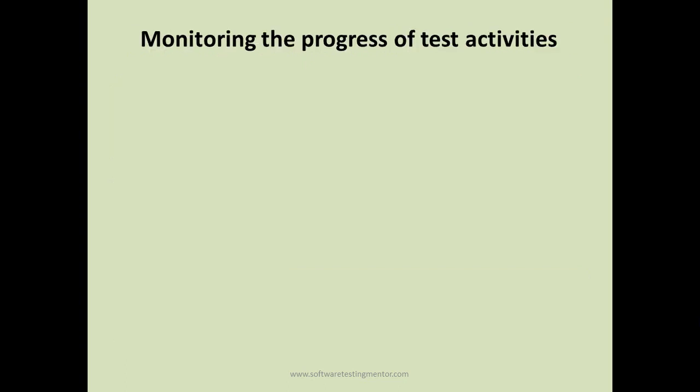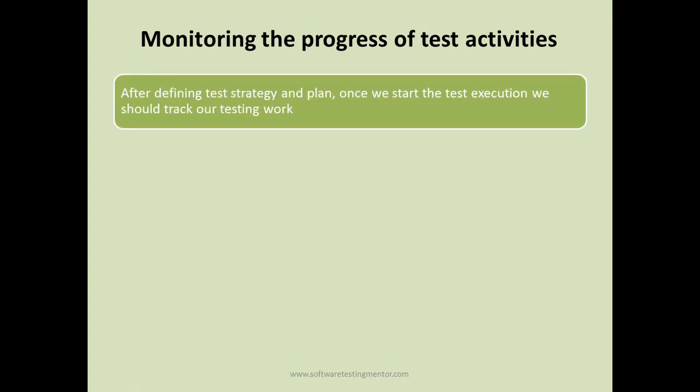So, monitoring the progress of test activities. After defining the test strategy and plan, once you start the test execution, it is very necessary that you track what you are doing, what execution is going on day-to-day basis, what you are trying to achieve eventually. So tracking is very important once you start your execution.